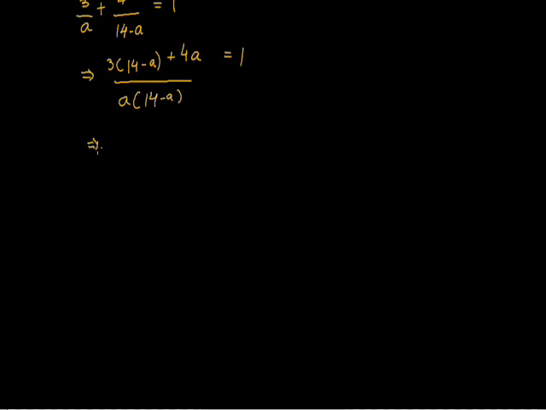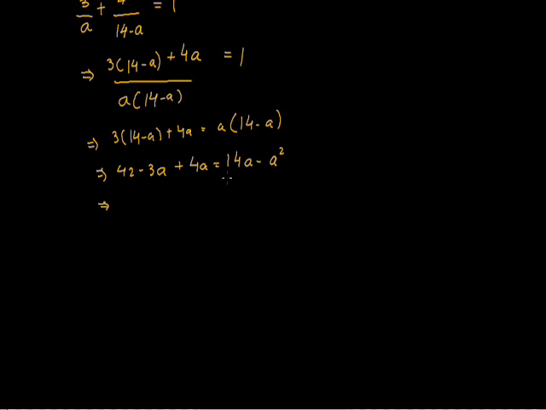This implies that 3 times 14 minus A plus 4A is equal to A into 14 minus A. Expanding the bracket, I'll get 14 into 3, that is 42, minus A into 3 is equal to minus 3A, plus 4A is equal to 14 into A, that is 14A, and minus A into A, that is minus A square.